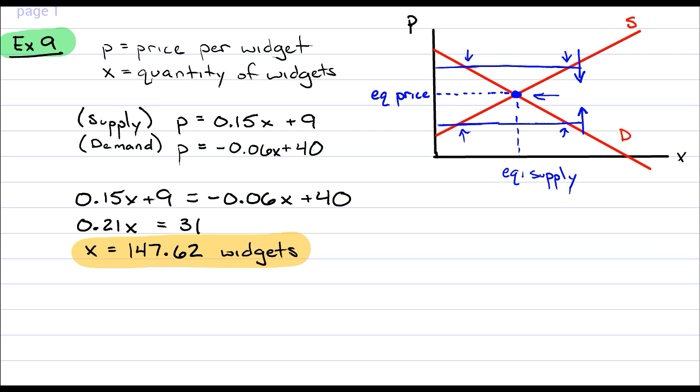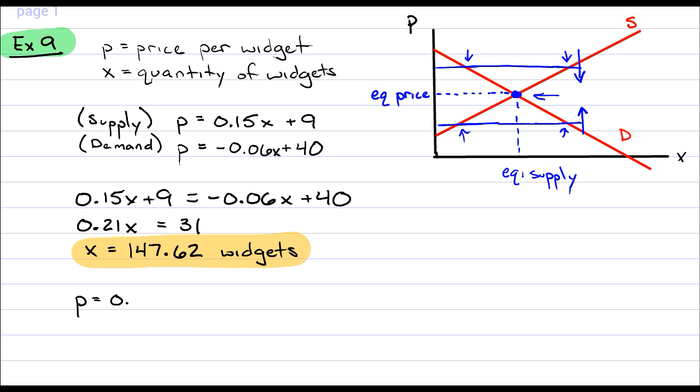So now if I want the equilibrium price, then I simply take that X value and plug it into either one of my original equations. It does not matter at all which one I choose. Just for the sake of argument, I'm going to go ahead and choose the supply equation, but I could have chosen the demand equation and I would get the exact same answer.